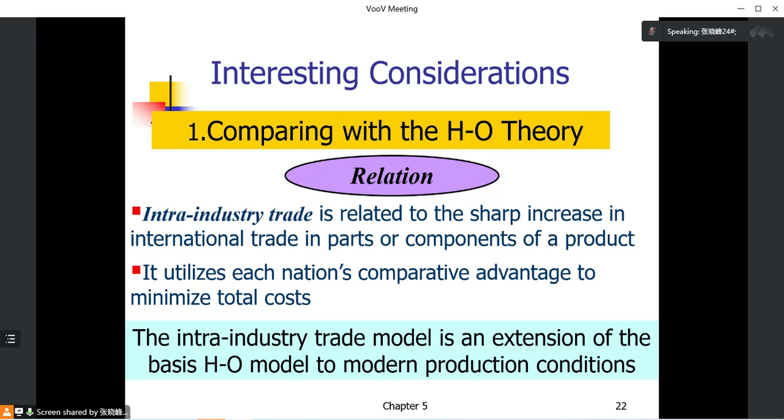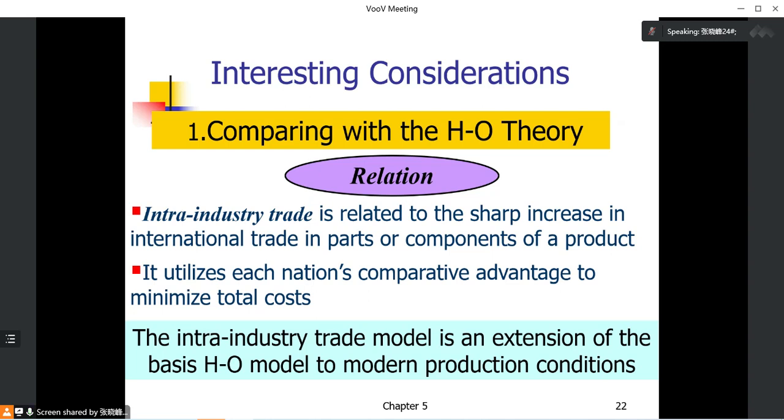They built the parts and components here and there in the world with comparative advantage. It is one of the most important approaches to lower their production cost.